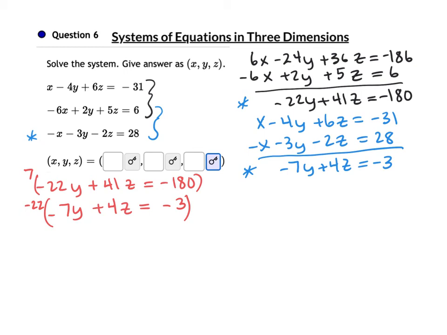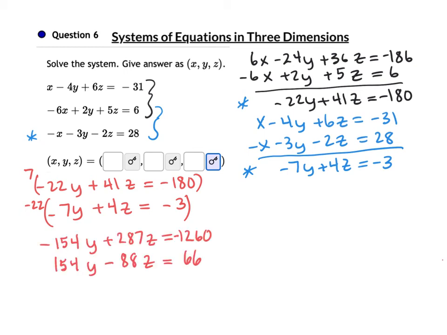Rewrite those equations. I multiplied the top equation here by 7 and the bottom equation by negative 22. This made a pair of opposites on the y's. Now I'm going to add, and I want to point out, it is so easy to make a mistake. You have to be really careful and methodical. I just made a mistake and lost a negative and I had to back up.